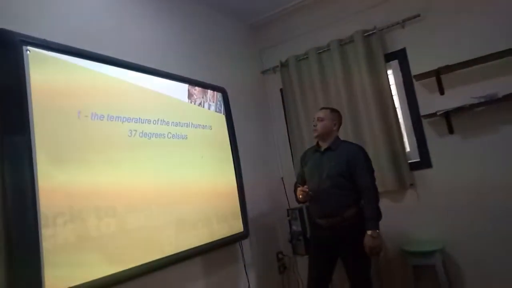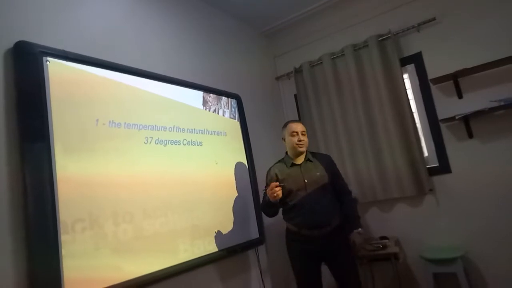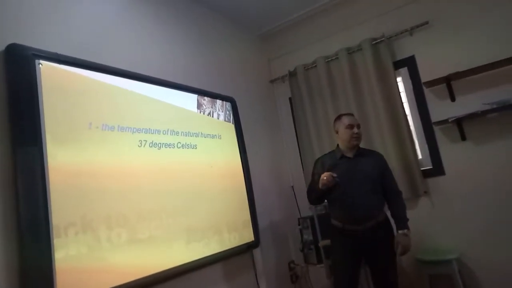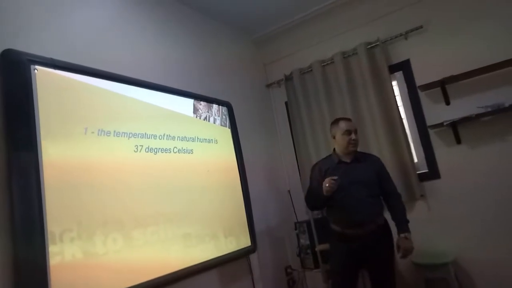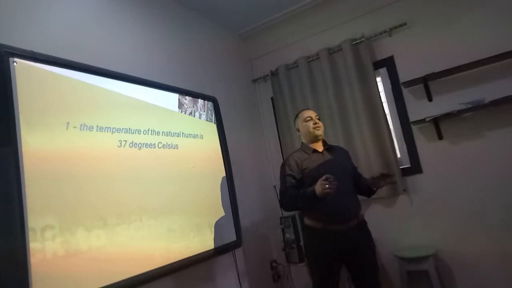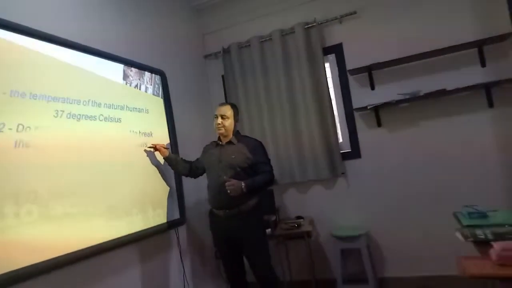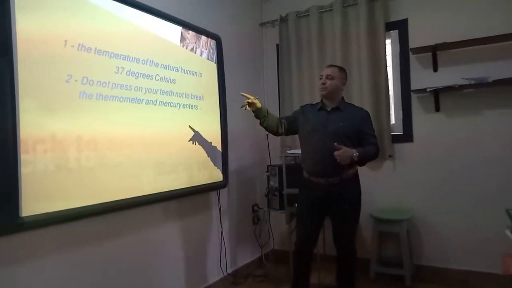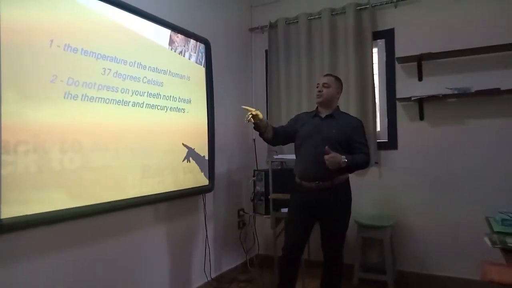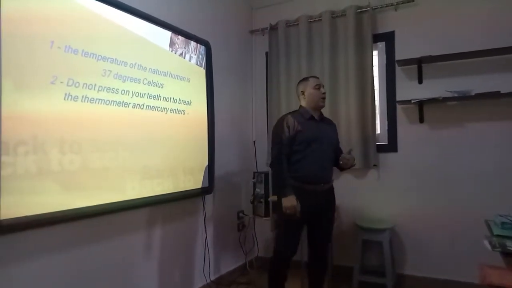After that, there are some important notes. Number one, the temperature of the normal human body is 37 degrees Celsius, so the graduation of the medical thermometer is from 35 to 42. Number two, don't bite on the thermometer with your teeth, so it won't break and the mercury won't enter.